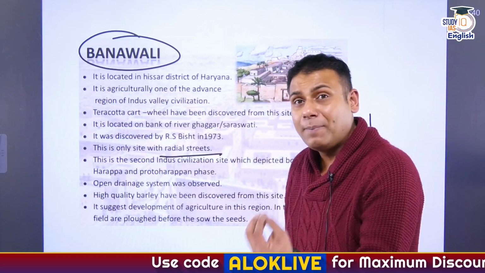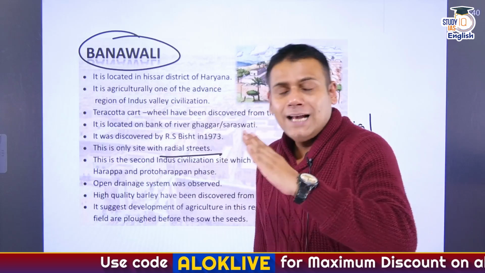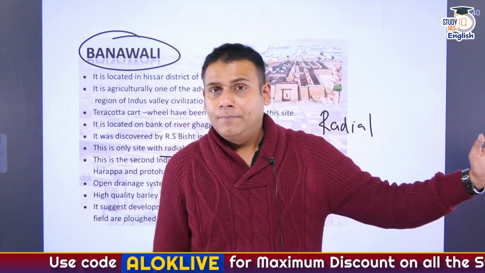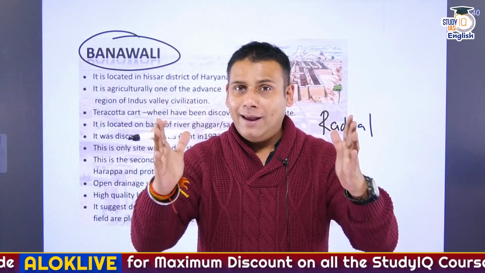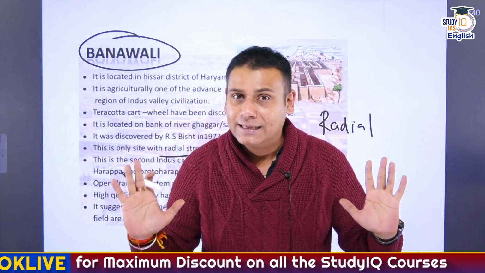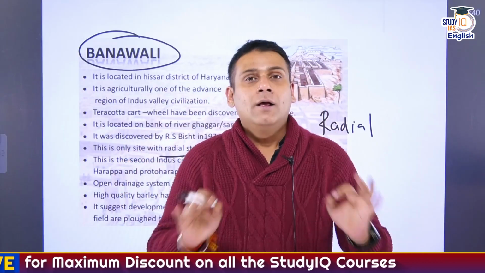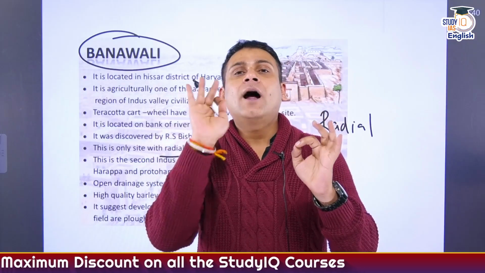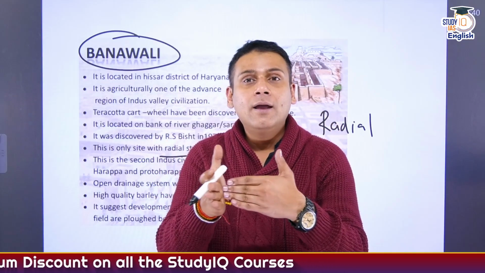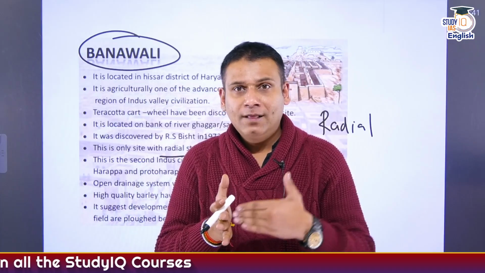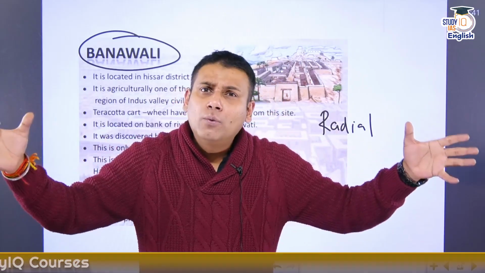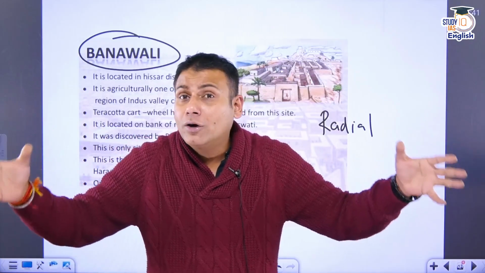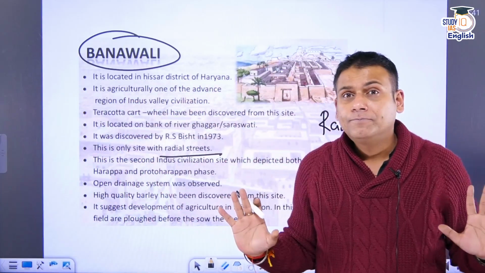Now, what is a radial street pattern? As I told you in the previous session, the main roads of Indus Valley civilization were quite broader in comparison to the side lanes or alleys. The side lanes or alleys cut the main road at a 90-degree right angle. True? So the city in general was divided into a grid pattern or looked like rectangular blocks.